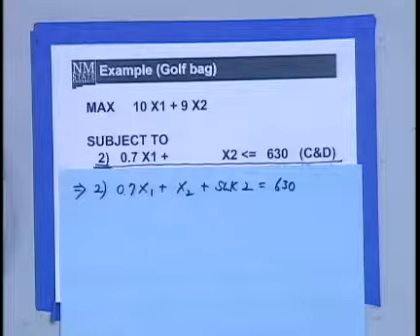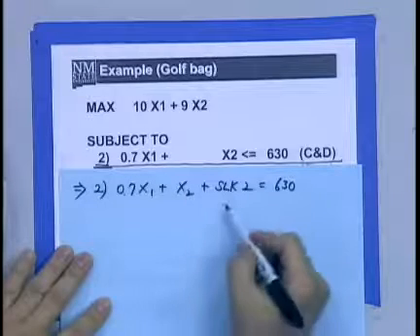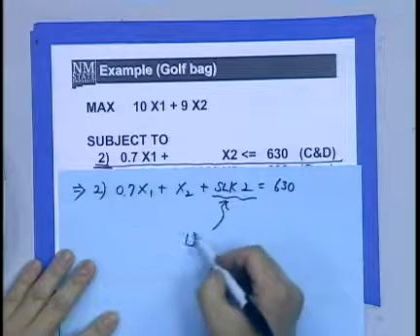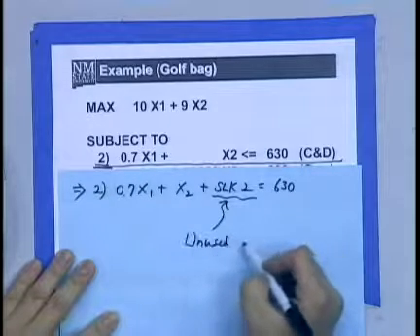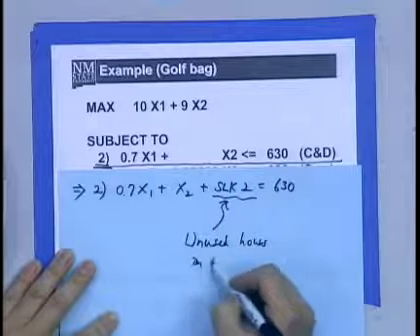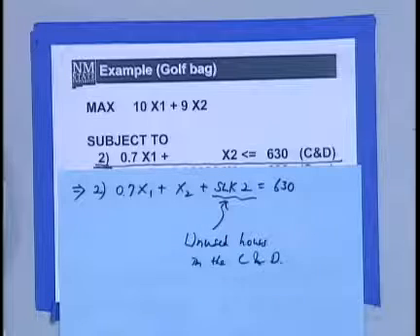Okay, now what is the question? If slack 2, okay, in that case, slack 2 is the unused hours, right? In the cut and die department, right?